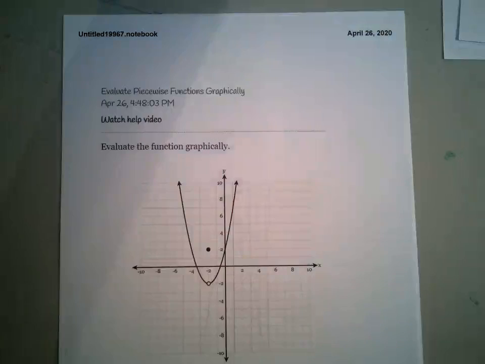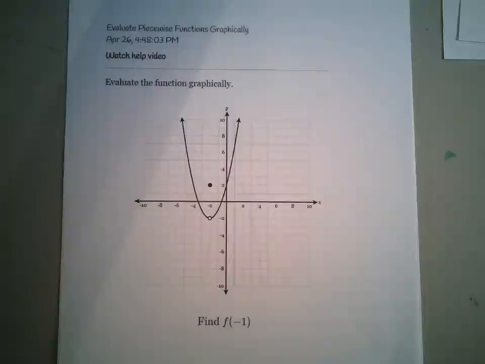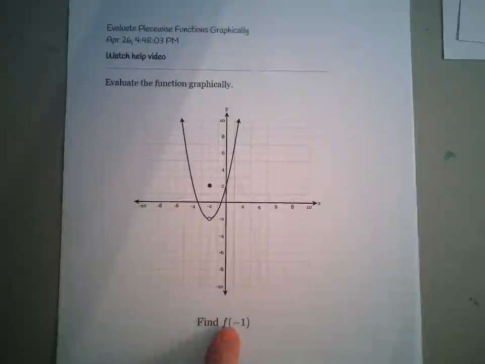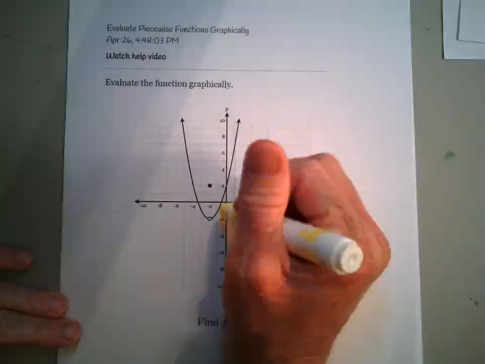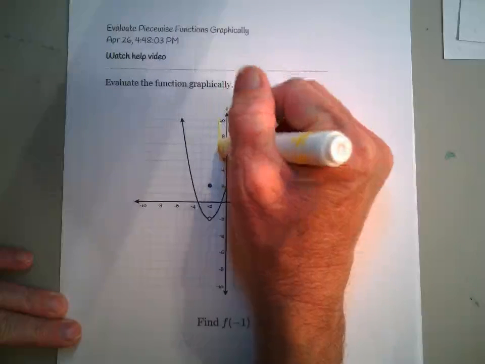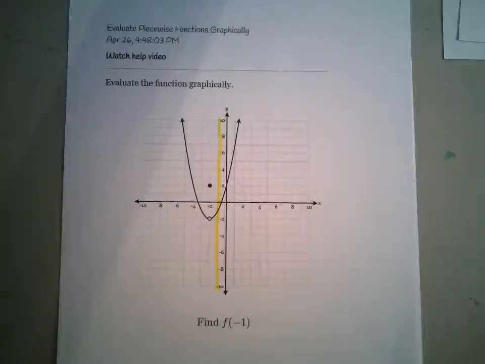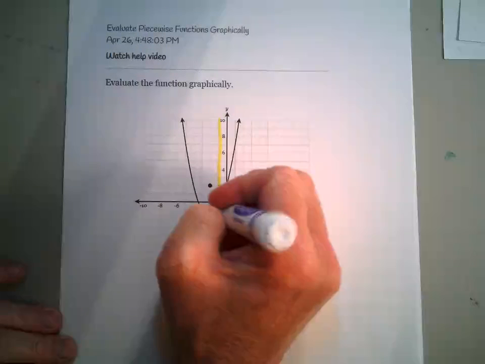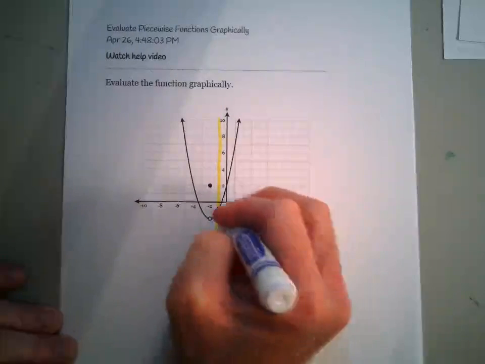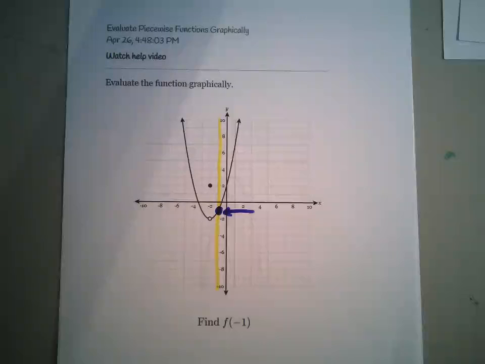I'm going to show you some Delta Math problems. I'll scoot this up a little bit. So this is that f of negative 1 I was telling you about. On the x-axis, right here, this is negative 1. That yellow line is where negative 1 is. Your job is to locate where the graph is at negative 1.